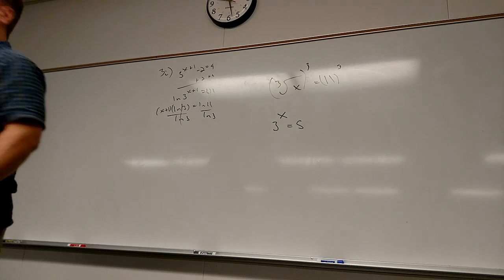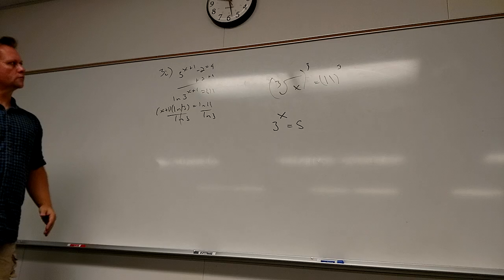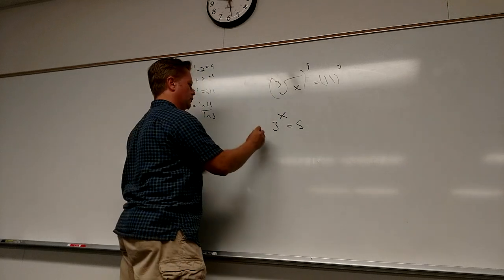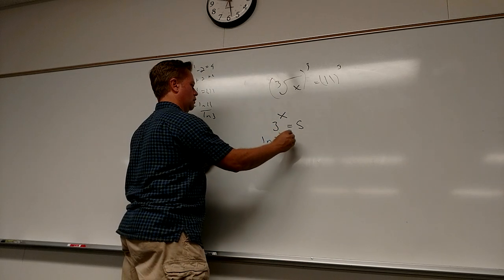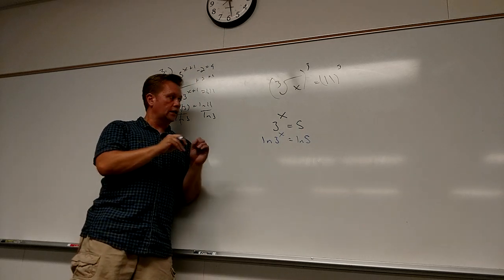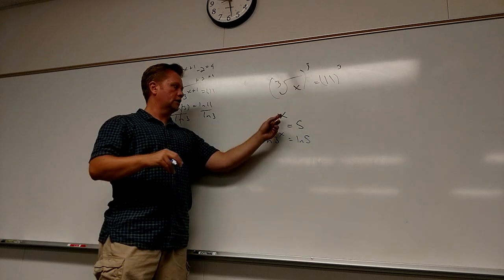Yes? On that problem, when you change it to a log form, don't you have to switch the numbers around? Like, it would be 3 to the 5 equals x or something. Here? This? Yeah. So if I take ln of both sides, just like here I took the cube of both sides, here I'm going to take ln of both sides.